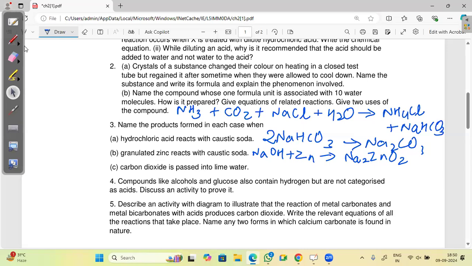CaCO3 plus H2O. Carbon dioxide is CO2. Lime water is Ca(OH)2. So the products are CaCO3 plus H2O.